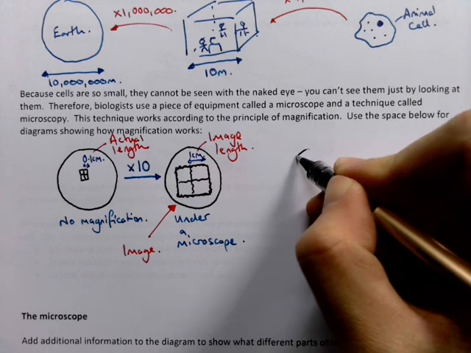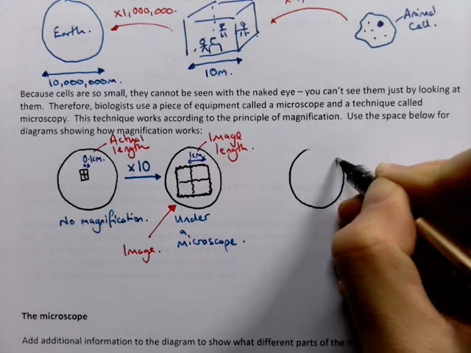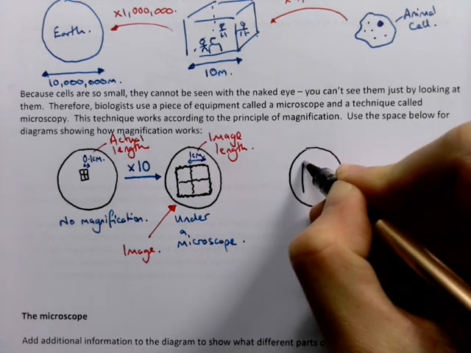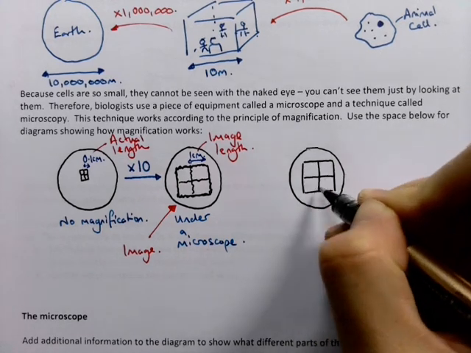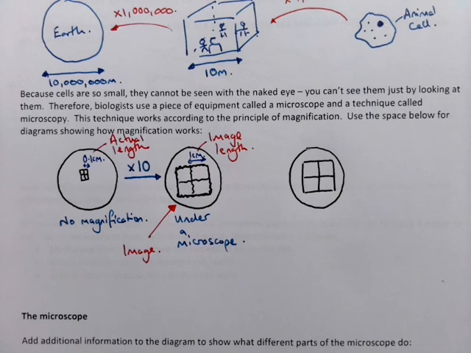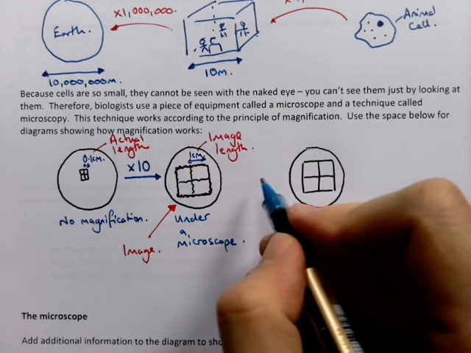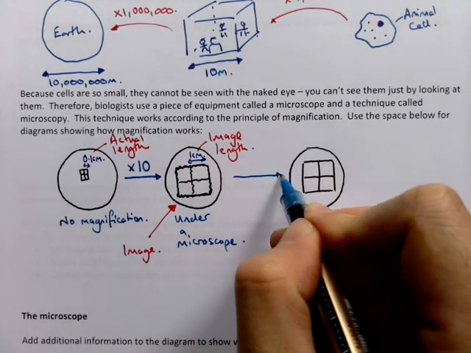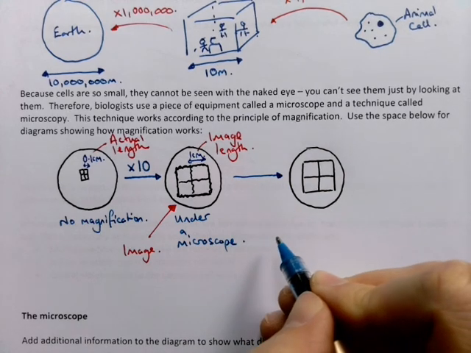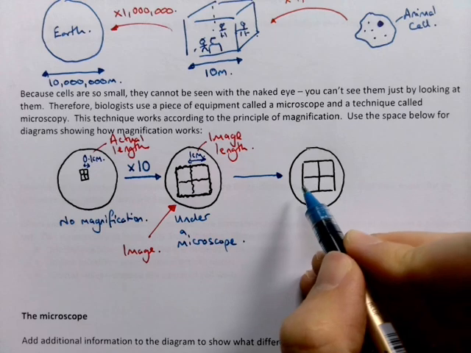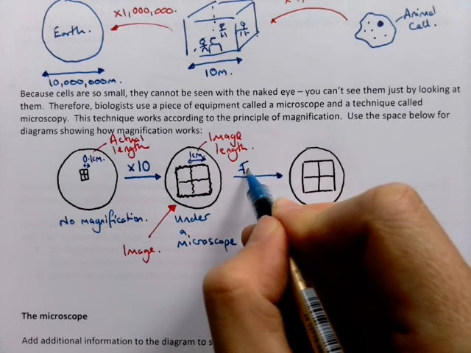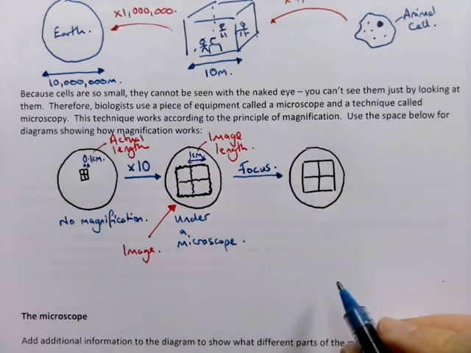Because it's all fuzzy, what do I need to do? Well, I want to make it so that I see a nice, clear image. Now, a common error is to think that in order to go from here to here, I need to increase magnification. That's not correct. All I do is something called focus.